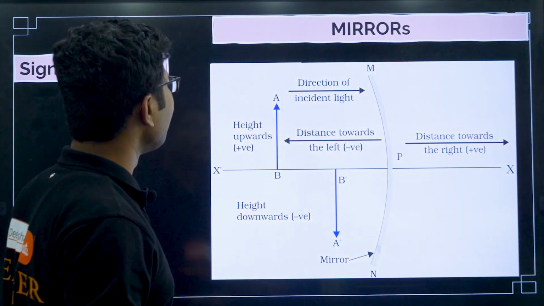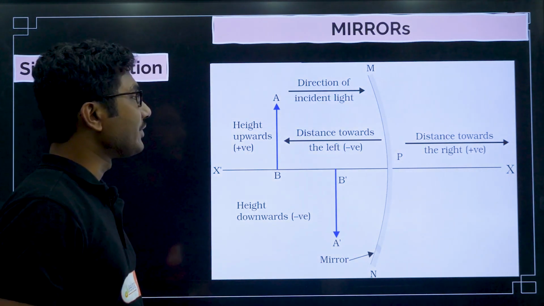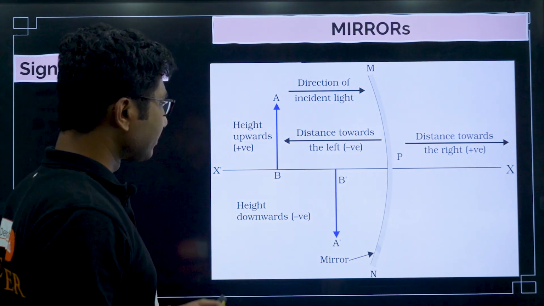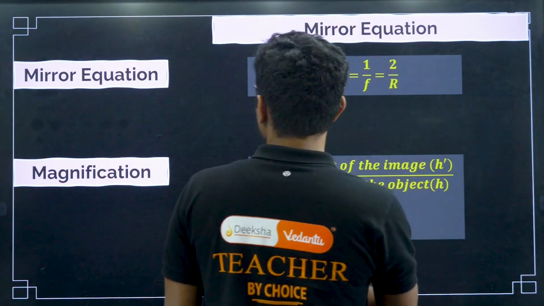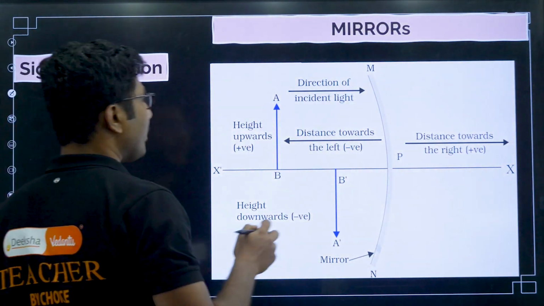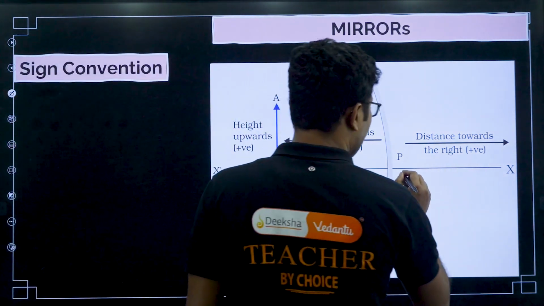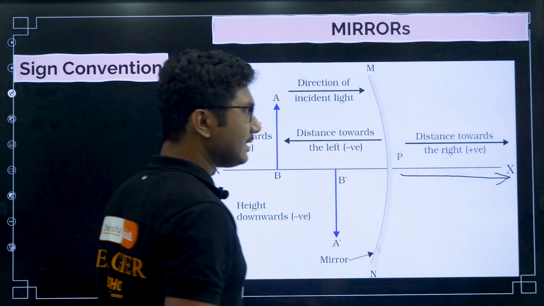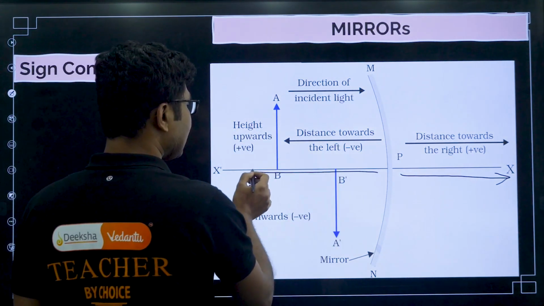So first we are going to discuss mirrors. There is a sign convention which is applicable to mirrors. As you can see, if you move along the positive x-axis, you get the positive value. So anything measured in this direction is positive, anything measured in this direction is negative.